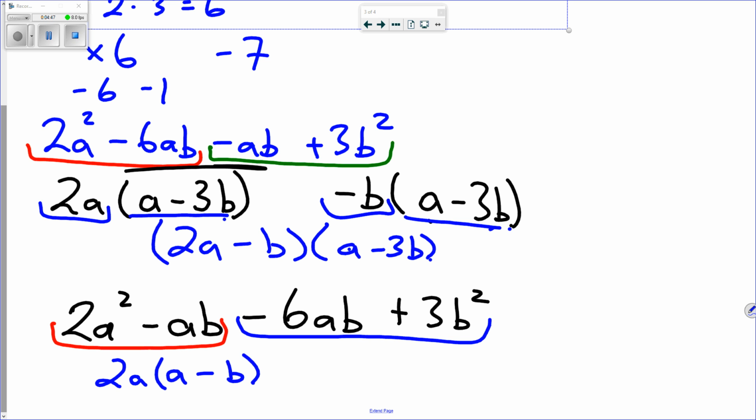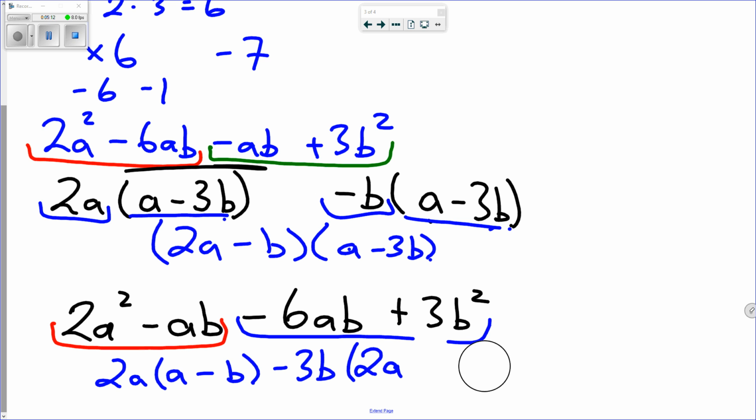And the second part we factor out 3B, and we can factor out a negative 3B. And we're left with 2A plus B minus B. Hold on, I made a mistake.